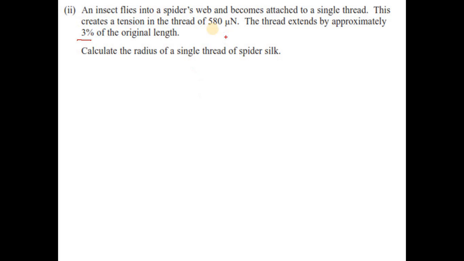Okay, so first of all, this is the force, and remember micro means 10 to the power minus 6. So this is a force acting on the silk. This is 3% of original length, so in fact this is your strain.